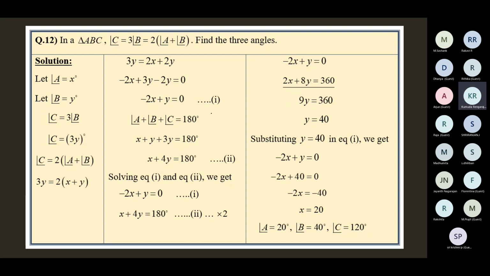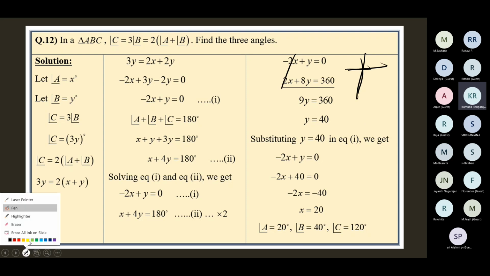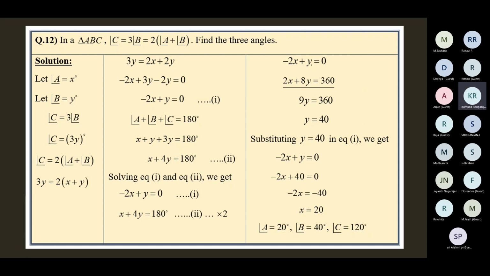If you don't change the signs, you're adding the two equations. If you change the signs, you're subtracting the two equations. Here we are adding the two equations because we are not changing the sign. Minus 2x plus 2x gets cancelled. Now, y plus 8y, 9y is equal to 360, y is 40, and then you know what to do.